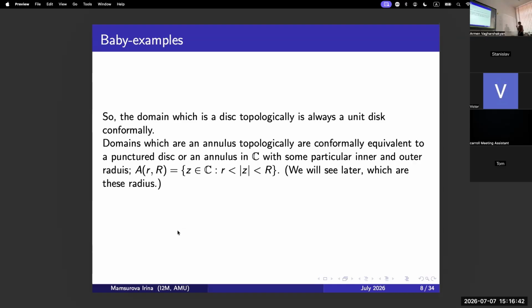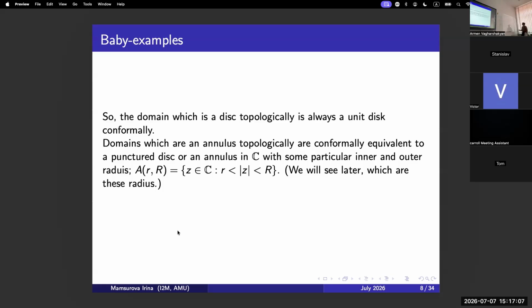Okay, continue. So what do we have? We have simply connected domains, which are the same thing as the unit disk. We have domains with a hole, which is the same thing as an annulus with some radius, or a punctured disk.